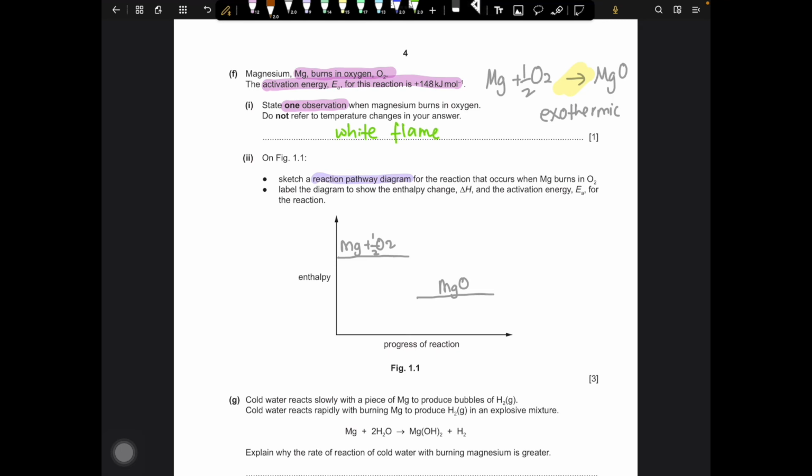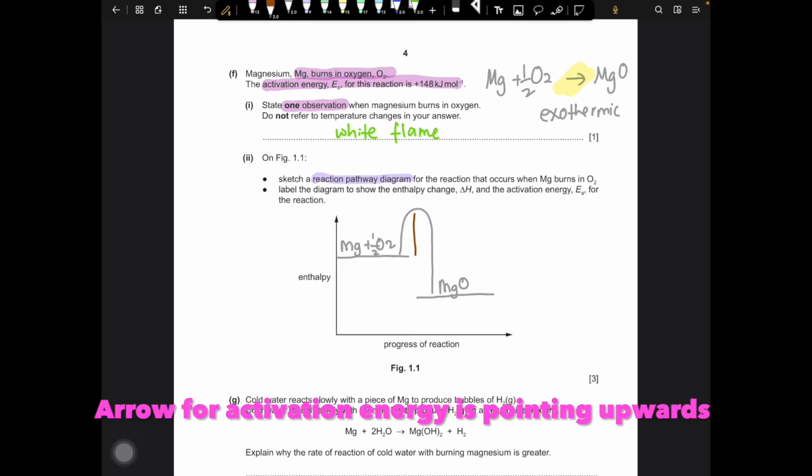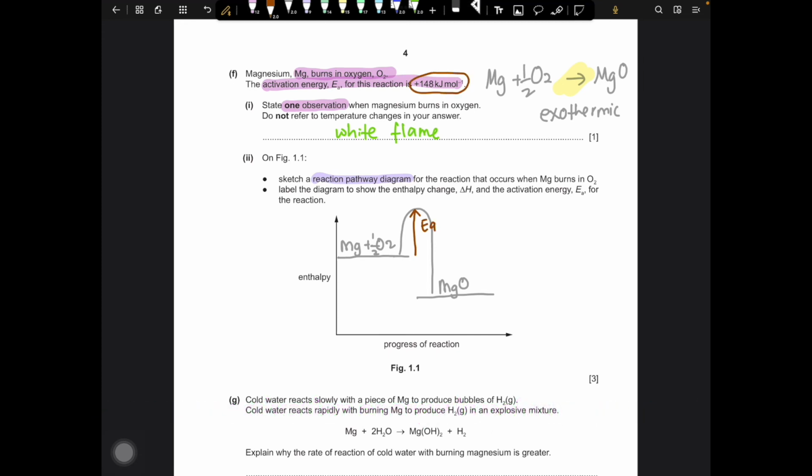We will have a curve from the reactant towards the product, where from the reactant towards the highest hump, this is our activation energy, which the value has already been given, so we just put the value here. While for the enthalpy change, it must be from the reactant towards the product. Since this is an exothermic reaction, the arrow will be pointing downwards.